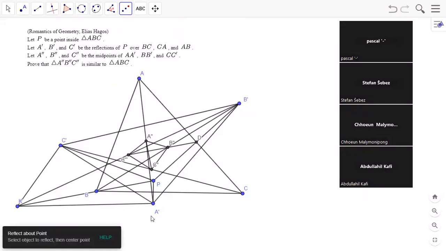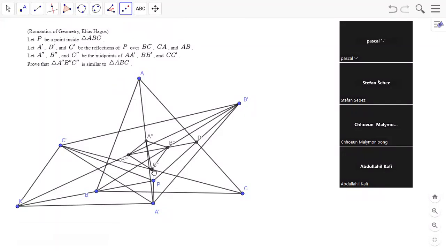A double prime is the midpoint of that. C double prime is the midpoint of that, or the reflection. Then, oh, you should reflect B over B triple prime instead of B prime over B triple prime. Oh, yeah, you're right.